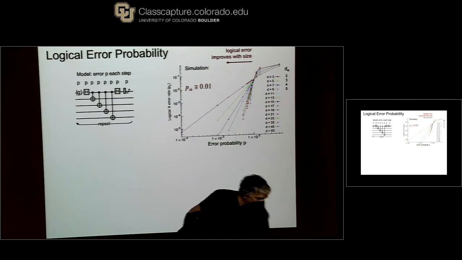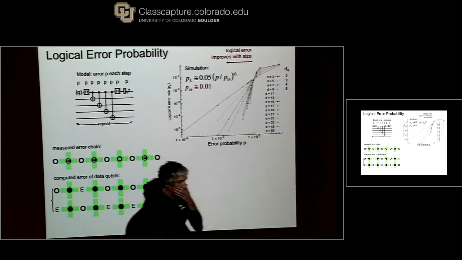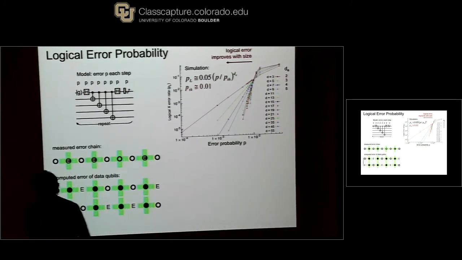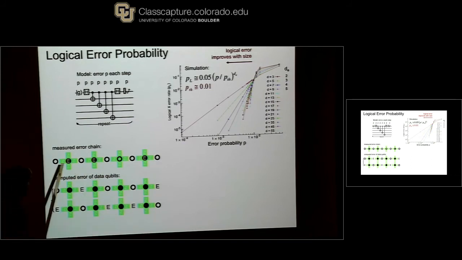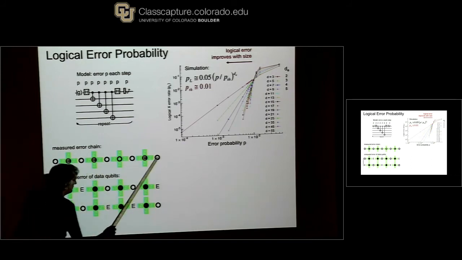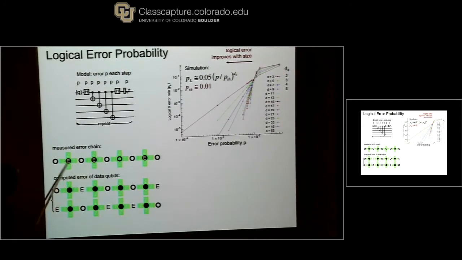I'm going to give you a very simple way to understand this. Okay, to understand these curves, you have to go back to high school statistics. So let's say we have, and this is basically what I talked about before, a chain of qubits, and we measure errors here, here, and here.